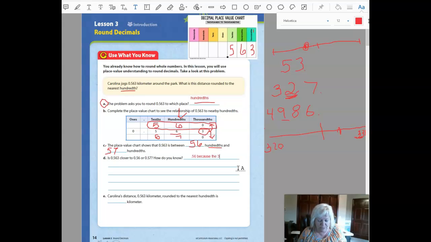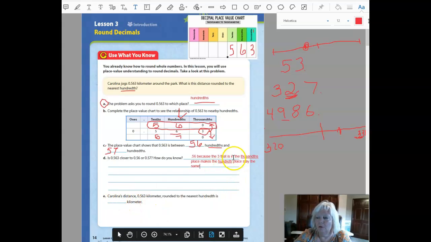Because the 3 that is in the thousandths place makes the hundredth place stay the same. Okay. Hopefully that helps you.